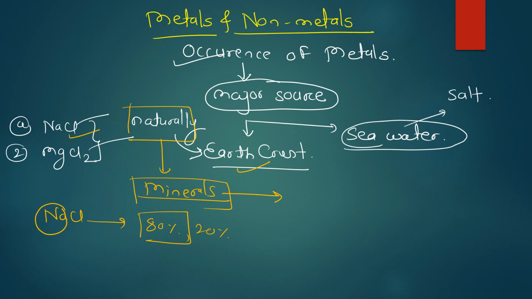So you can extract sodium alone from this sodium chloride. So whenever only a particular metal can be extracted from a mineral, that mineral becomes an ore. Understood? That mineral becomes ore.